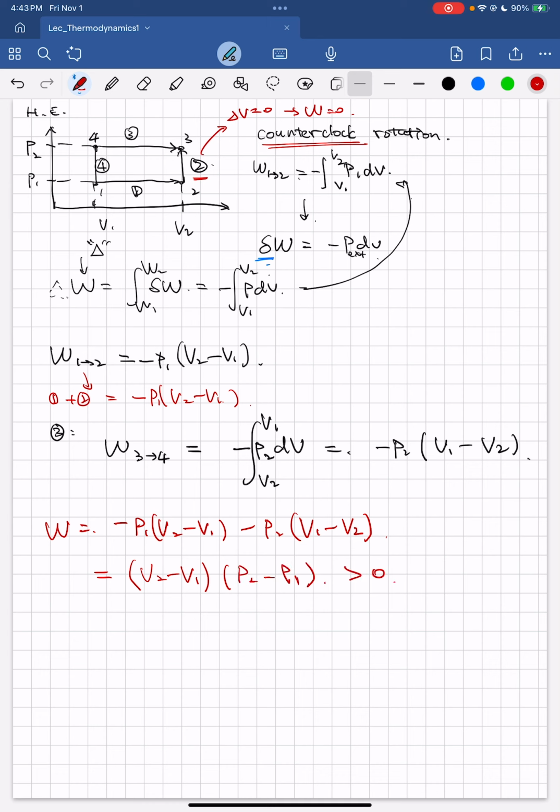So it's positive work because P2 is bigger than P1, V2 is bigger than V1.